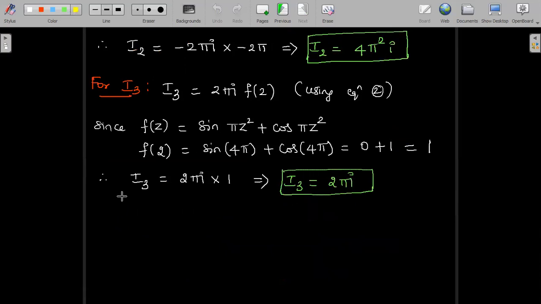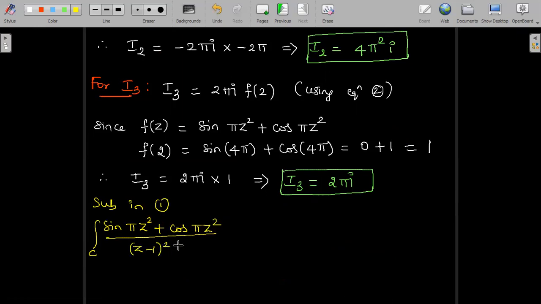So thus, substituting in equation 1. Integral over C of sine pi z square plus cos pi z square, the whole divided by z minus 1 whole square into z minus 2, dz is equal to I1 plus I2 plus I3. I1 is 2 pi i, so 2 pi i plus I2 is 4 pi square i plus I3 is 2 pi i.